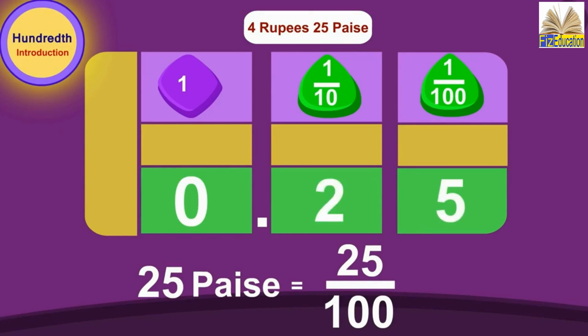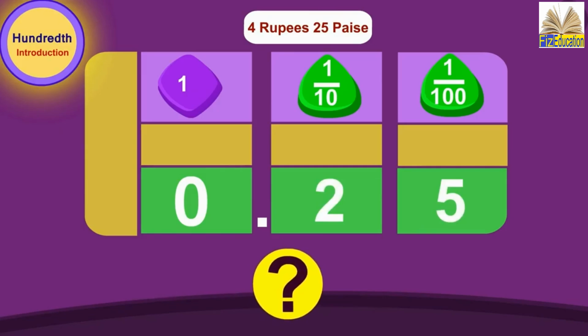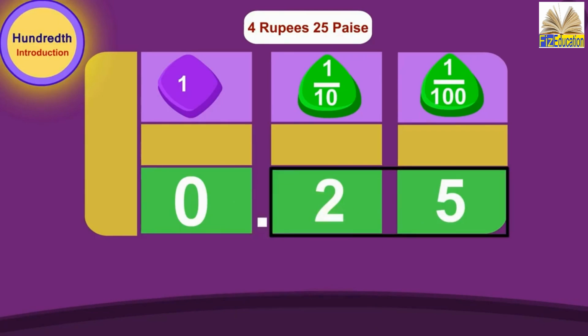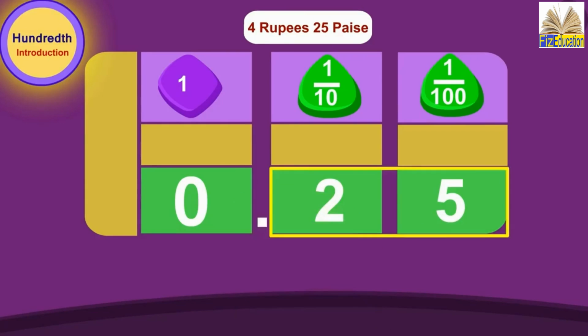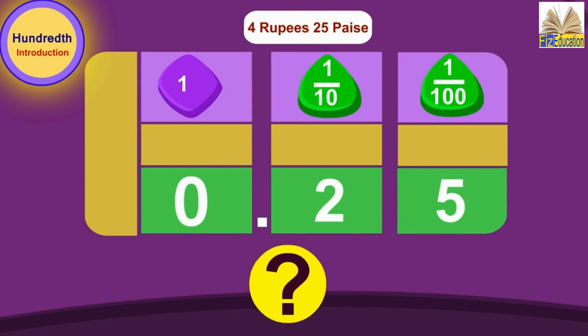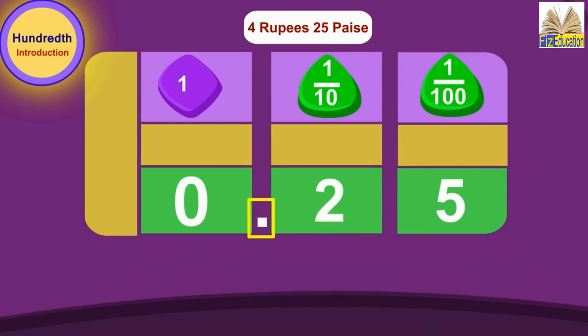point. And do you know how we read the number written in the 100th part? We will always read the number written in the 100th part after the decimal point by speaking its digits.